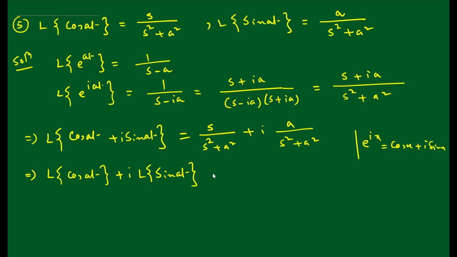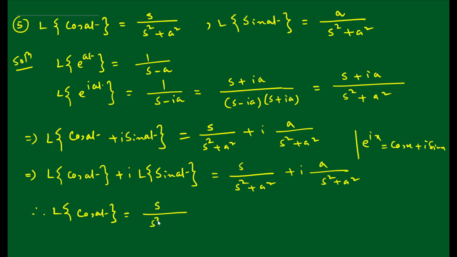The right side is again the same. Now comparing real and imaginary parts, the Laplace transformation of cos at is s divided by s square plus a square, and the Laplace transformation of sin at is nothing but a divided by s square plus a square. So it's very, very simple, right?